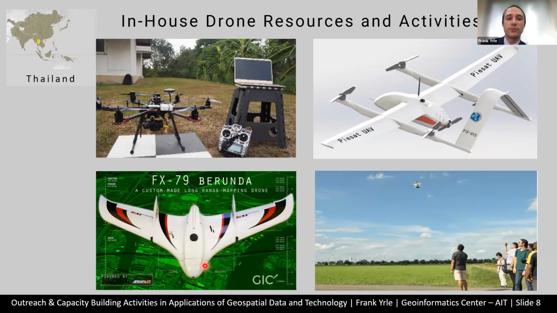And we've actually equipped it with a custom parachute landing, which helps reduce the body wear that's typical of a fixed wing body like this. Up here in the top right, this is a new vertical takeoff and landing fixed wing offered by PySat, one company that we're partners with. And so we're looking to bring that one to Thailand soon, and hopefully to GIC, AIT.